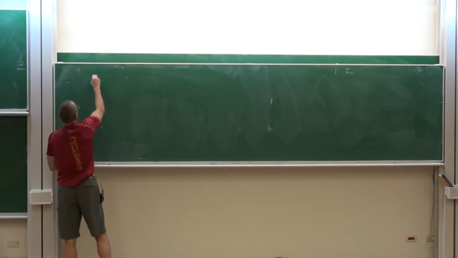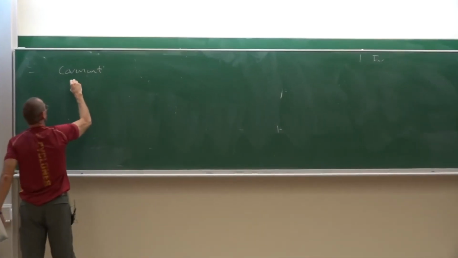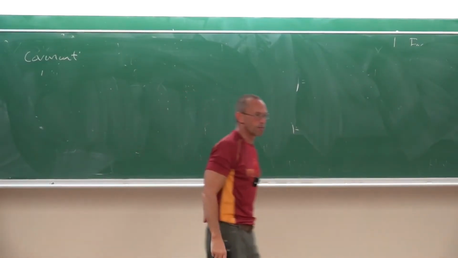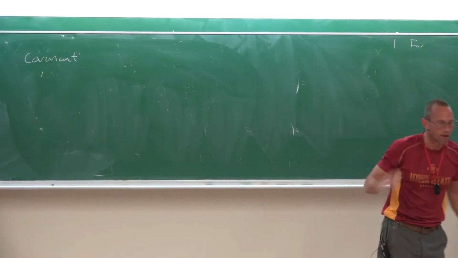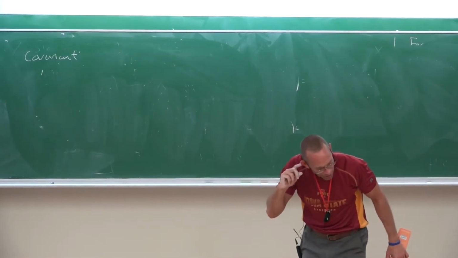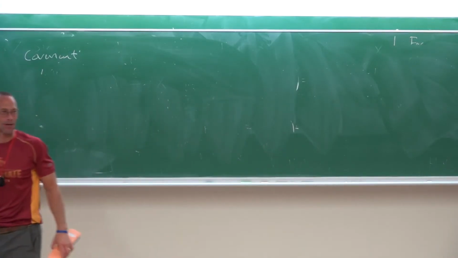So covariant. What's one that we've seen in this course? It's a covariant functor. That's not the one I want. I wanted global sections.